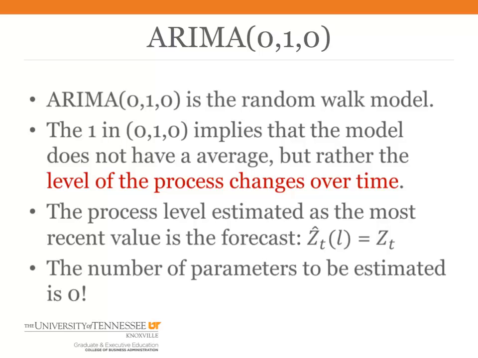And in particular, if it's ARIMA 010, that says the way we change the level of the process or change the forecast over time is we use the most recently observed value as the forecast. In other words, the ARIMA 010 is the random walk model that we've already studied.